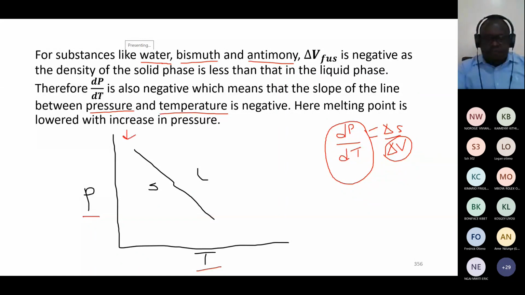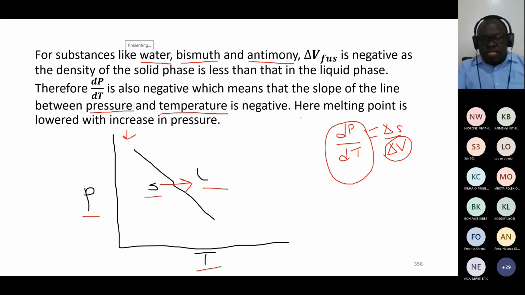It's a negative slope. So here, this represents the solid phase, and this is the liquid phase. So you're moving from solid to liquid. This represents the variation of the melting point with pressure.